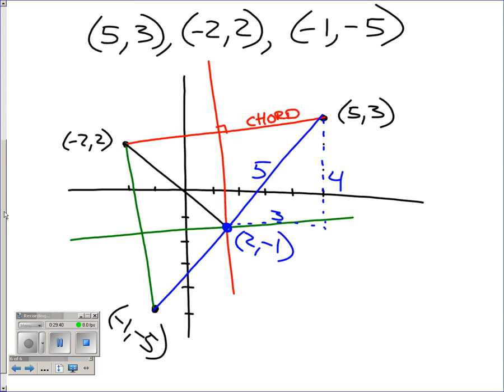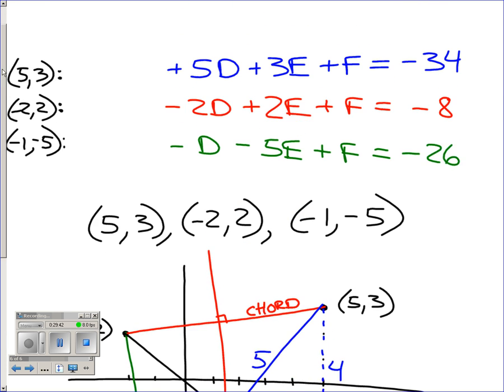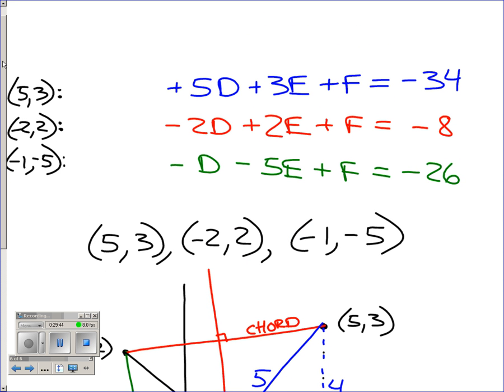Because all you have to do is input the data, all right? These coefficients of D, E, and F, that's all you have to do. Once you have that plugged in, you're going to use your matrix multiplication to solve for D, E, and F, plug those values in, and then convert it back.